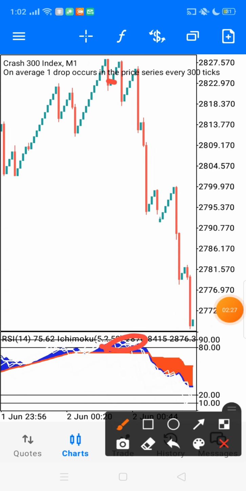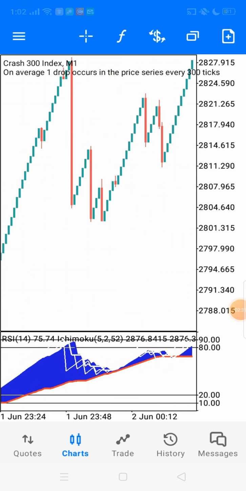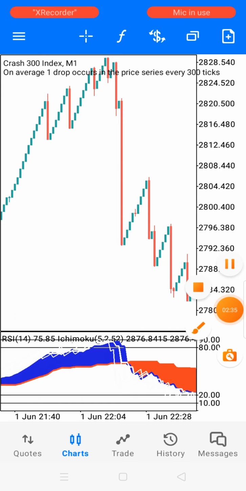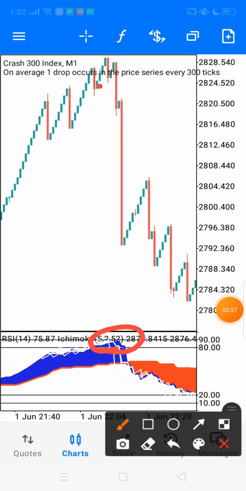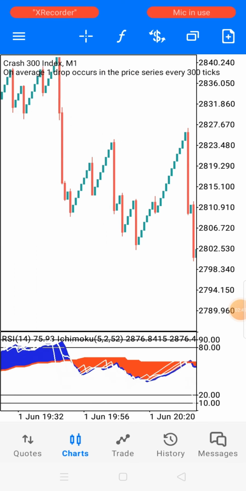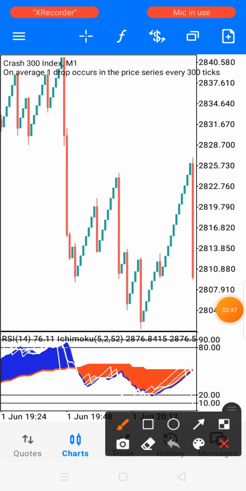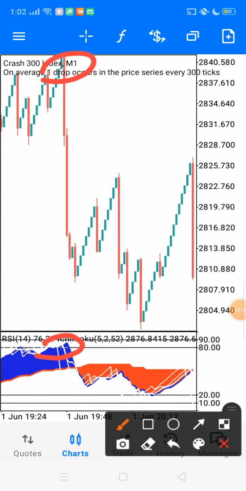You can see the spikes always just happen. There are lots more of this happening on the chart. See another one here, see another one, this is another one. You can see it keeps spiking.